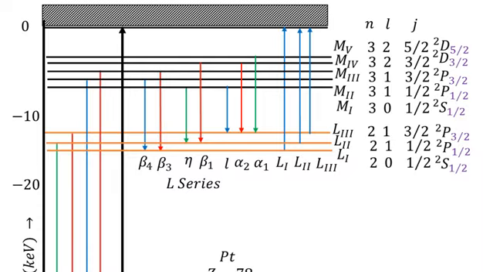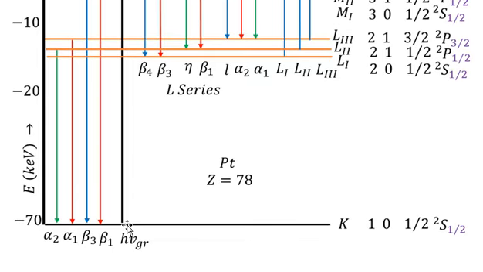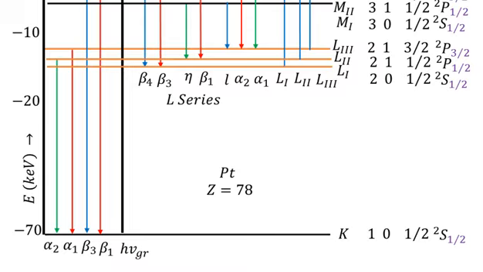So if an electron jumps from the outermost shell, for example the valence shell of the atom, to the K shell to fill the vacancy there, then that energy will be the maximum energy and will be referred to as the K edge of the series. So K edge is actually the final element of the series with the maximum possible energy. And here in this picture, it will be equal to the energy expressed by this black arrow shown in bold, and the energy is equal to H nu Gr.